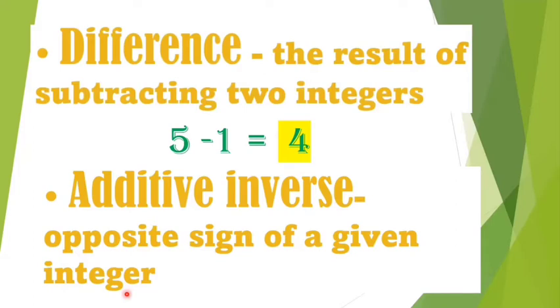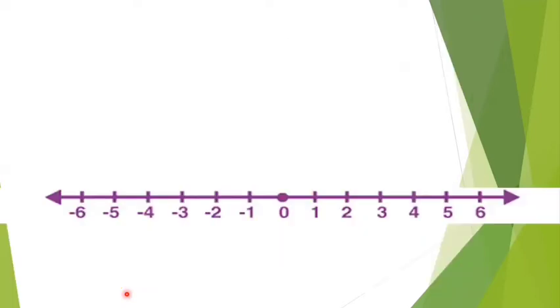Now, katulad ng sa addition of integers, I am going to teach you how to use the number line in subtracting integers. Example, we have 3 minus 2. To use the number line, first is to locate and to plot the minuend or the first number, and that is positive 3.